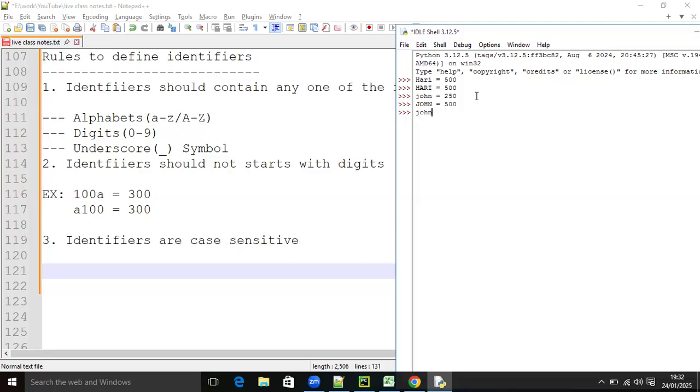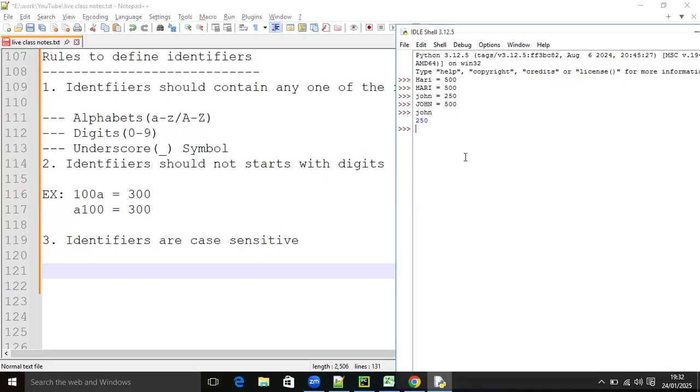What will be the output of john, 250 or 500? It will print 250, because we have given small alphabets, that's why it is giving the small alphabets value 250.